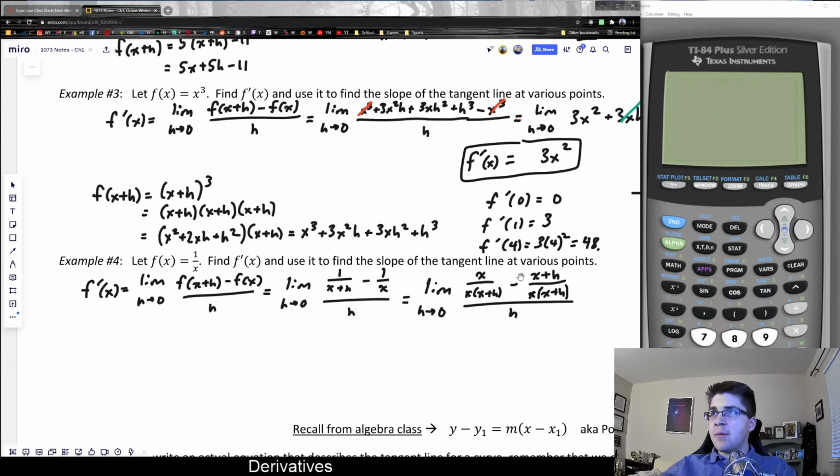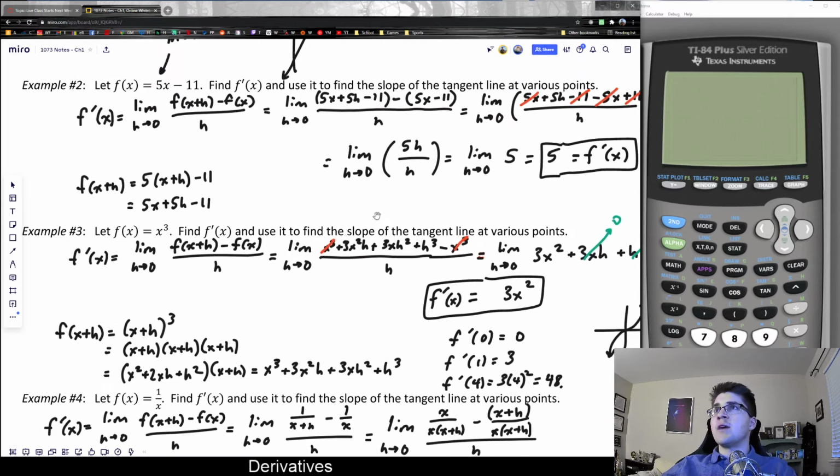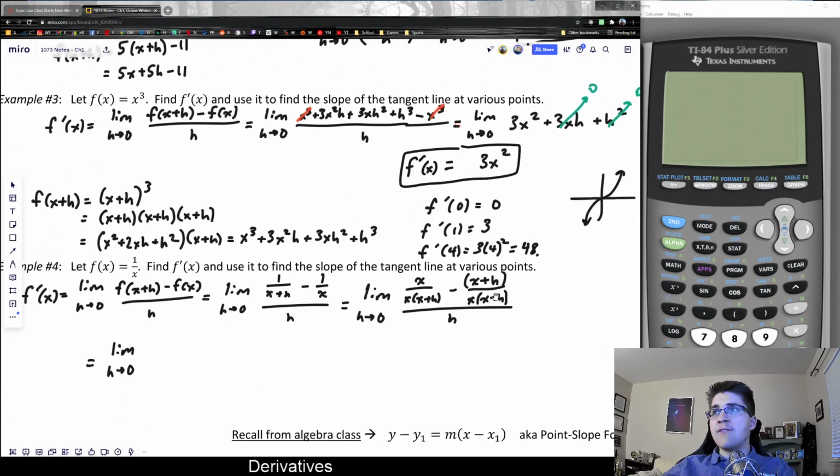And now that we have a common denominator, remember the rule for fractions like this is we add across the top, and the denominator stays the same. So what I'd be left with is x minus x plus h. And just like before, you could always imagine there are parentheses around the numerator. When you're taking away a function, we need to make sure we're taking away the whole thing, because this was originally 1 over x, and when we take this away, we need to make sure the negative gets distributed.